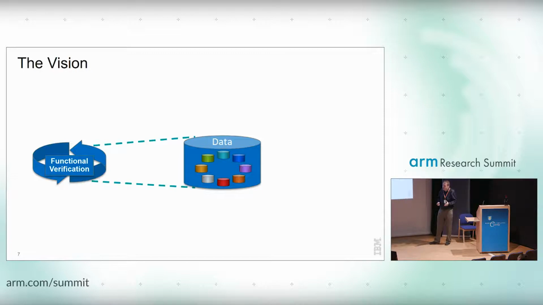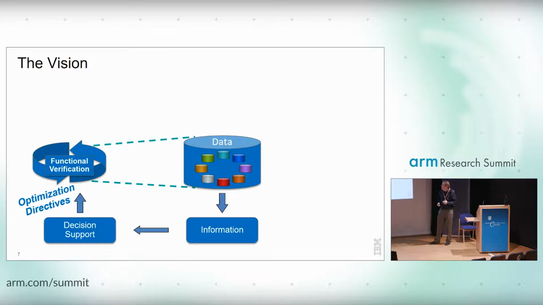And what we want to do is take all these sources, extract the information out of the data, apply some decision support mechanisms, again, starting from simple visualization to deep learning and such, and provide ways that will allow us to optimize the process, change the way that we direct this process, and so on.